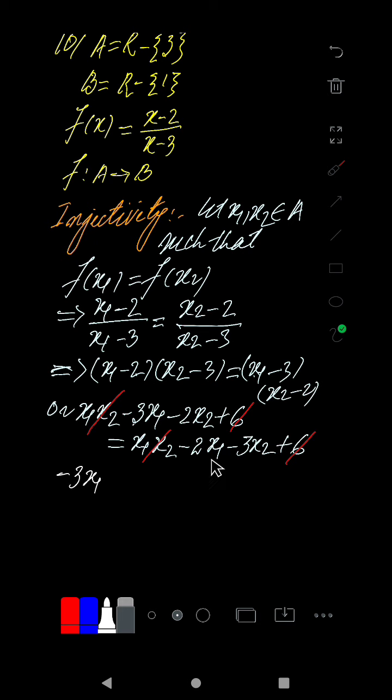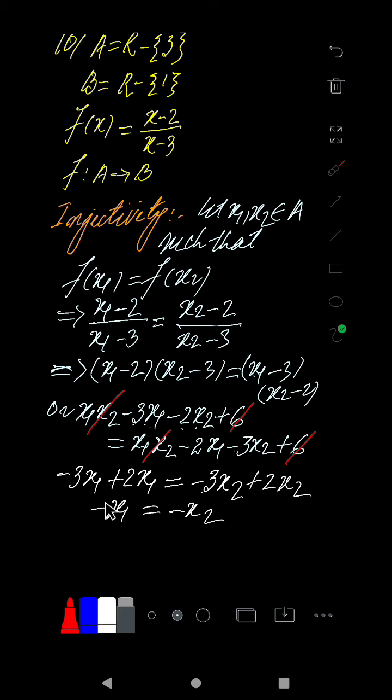Here minus 3x1. Now transpose this minus 2x2 to the left hand side, it becomes positive on transposition, plus 2x1. And on the right hand side, write down this minus 3x2 and then transpose this term, that is minus 2x1 to the right hand side, so it becomes positive on transposition, that is plus 2x2. Minus 3x1 plus 2x1, that is minus x1 is left on the left, and minus 3x2 plus 2x2, then minus x2 is left on the right.